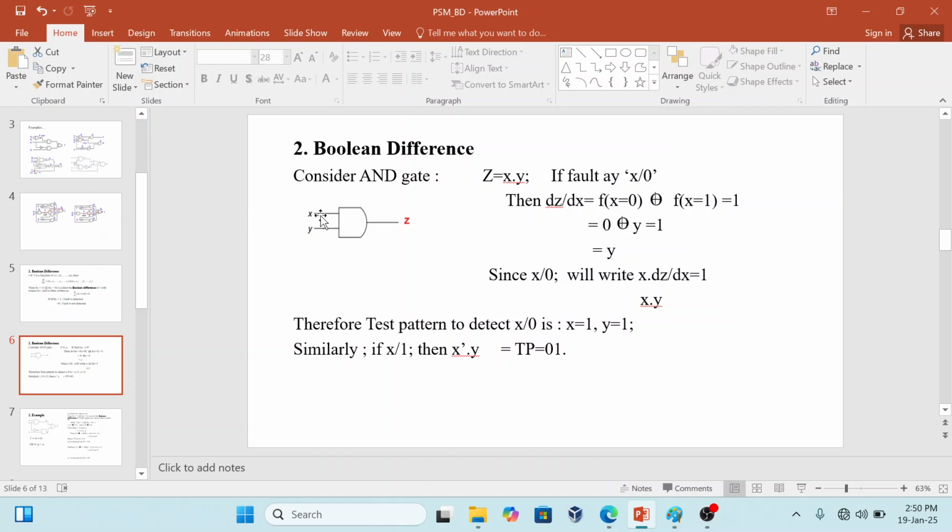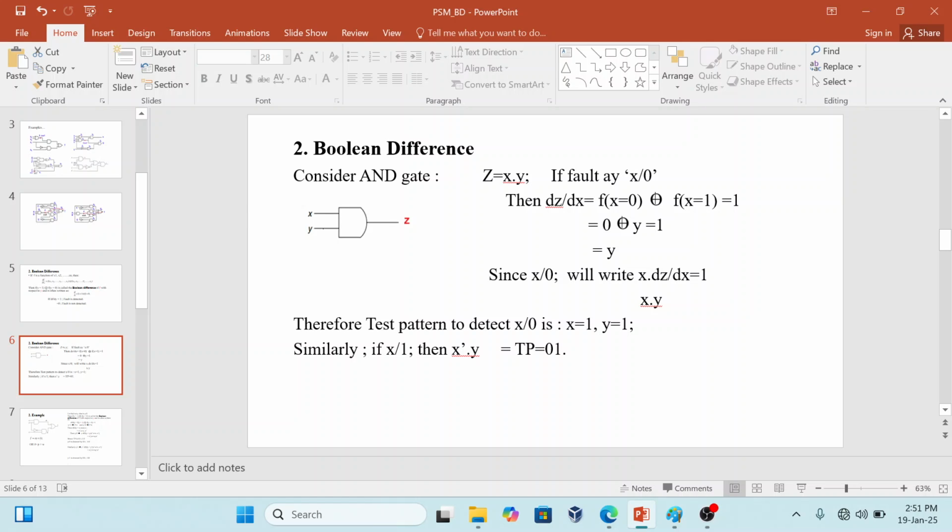In order to propagate that fault to the output, the other input must be a non-controlling value, in the sense I need to make y equal to 1, so that the fault at x can be seen at the output z. So if x is stuck at 0, the test pattern we find is x equal to 1, y equal to 1. That is how we calculate.